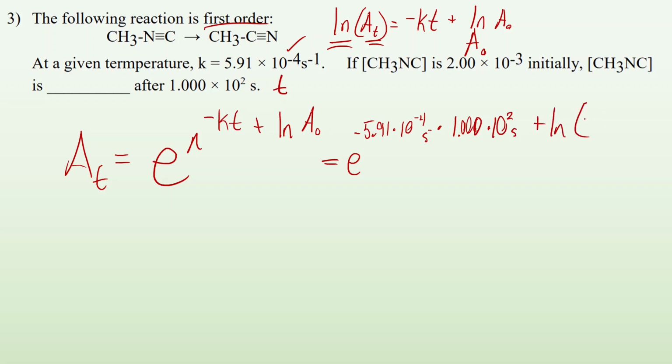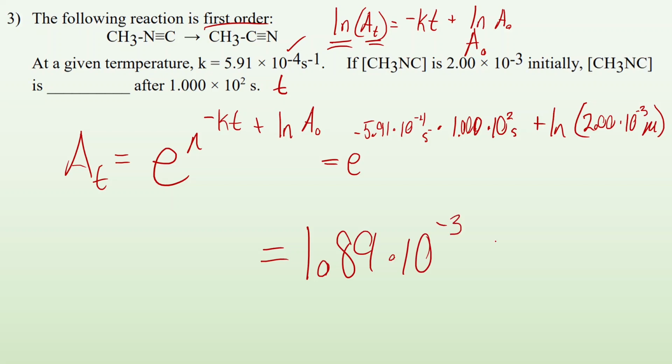The amount that we started with is 2.00 times 10 to the minus 3 molar. When I plug and chug, this is a good point for a graphing calculator. You end up with 1.89 times 10 to the minus 3 molar. So that's how you do that problem.